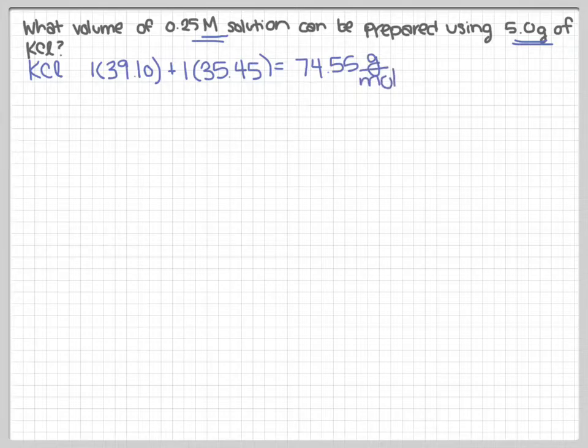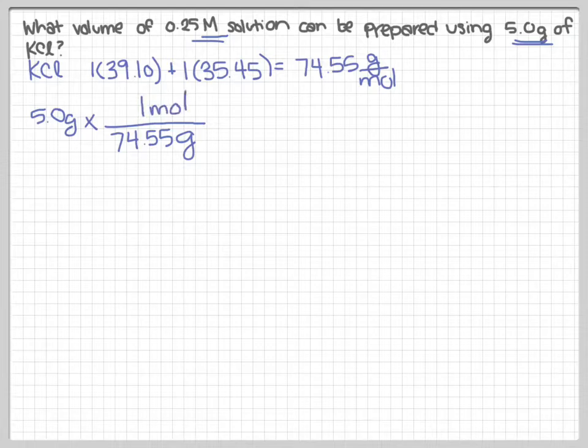The value they gave me was 5 grams of potassium chloride. If I want to cancel out those gram units, I'm going to need grams in the denominator of my conversion factor. What I know is that 74.55 grams of potassium chloride would be 1 mole.